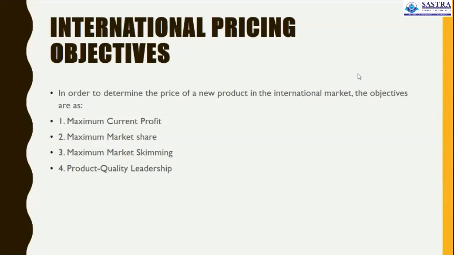Skimming price may be possible because close substitute products are not available in the market. The situation may be a monopoly, duopoly, or oligopoly situation prevailing in the market. In a monopoly, only one seller is available, with no close substitute products in the market.